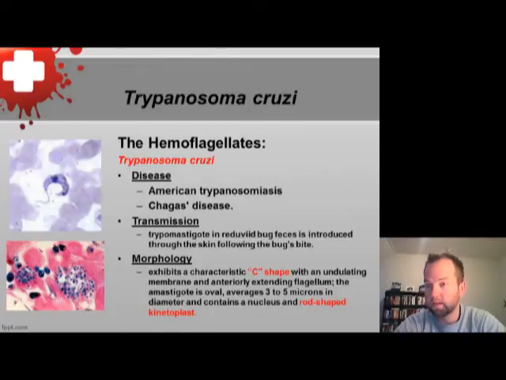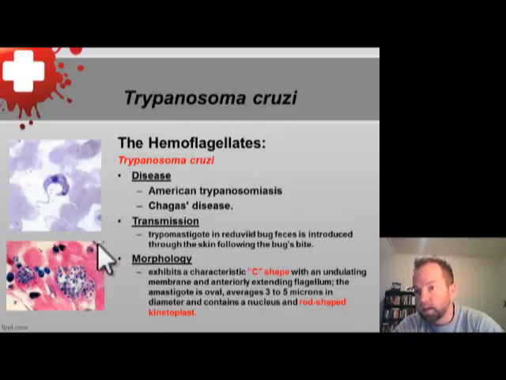And off the anterior end, we have the flagellum that it uses for locomotion to infect new cells and develop into the amastigote phase. That would lead us to the bottom image here. We have a biopsy of infected cells and amastigote tissue phase, which measure 3 to 5 microns in diameter and contain a nucleus and a rod-shaped kinetoplast.